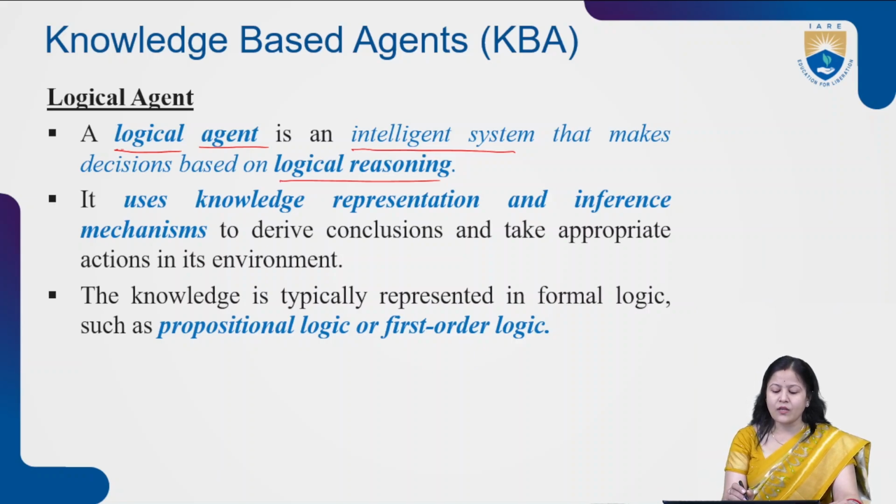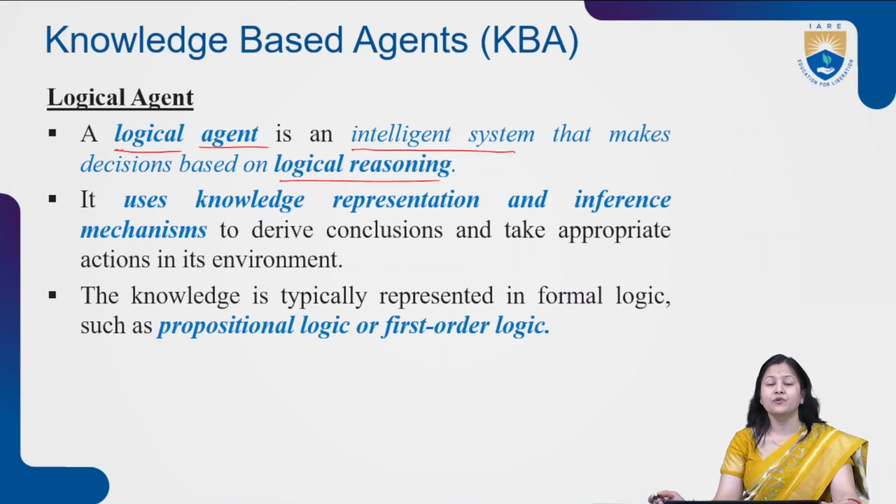It uses knowledge representation and inference mechanisms to derive conclusions and take appropriate actions in its environment. As we already know, knowledge can be represented in various ways in artificial intelligence. It may be propositional logic, the logic representation, and first order predicate logic representation.